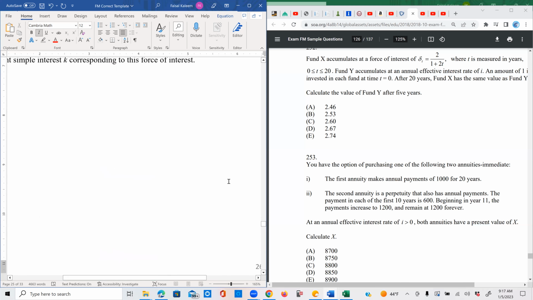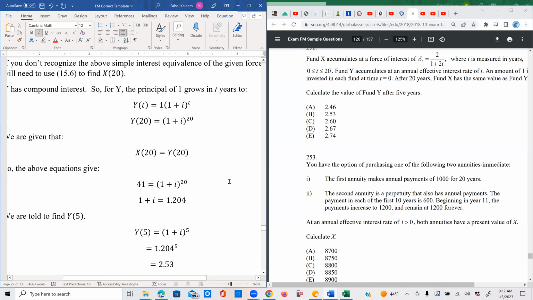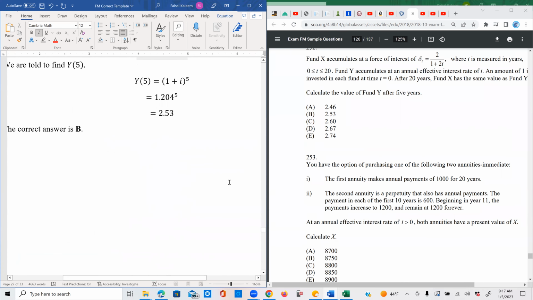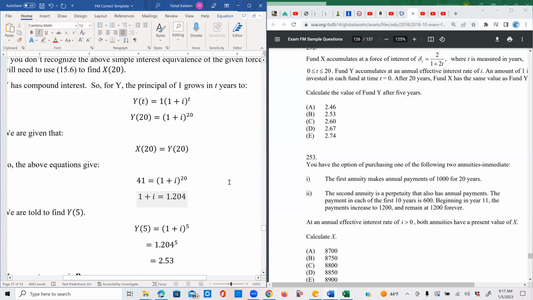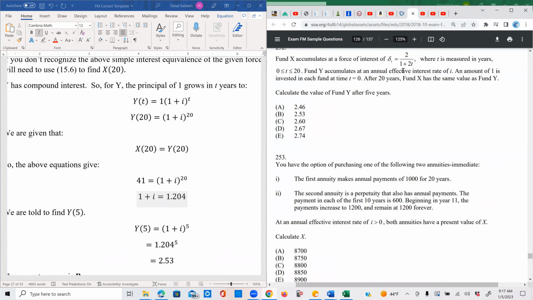Okay. So we are told that y also accumulates to the same amount as x does in 20 years. So y accumulates at an annual effective interest rate of i.